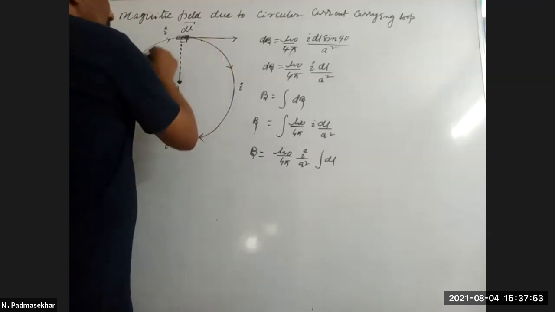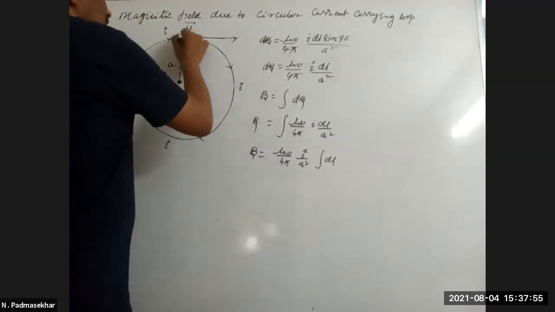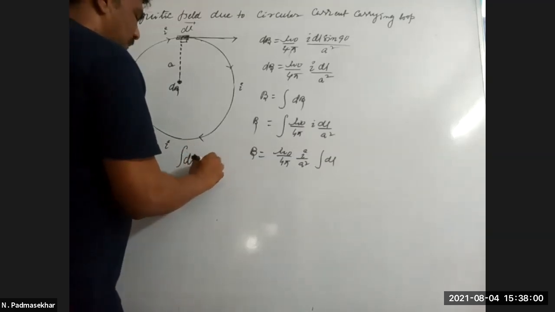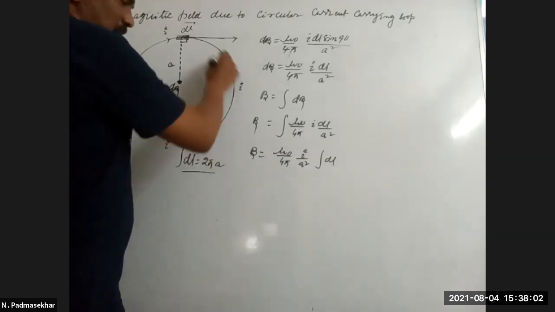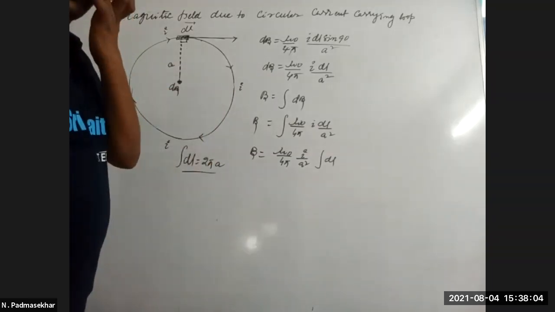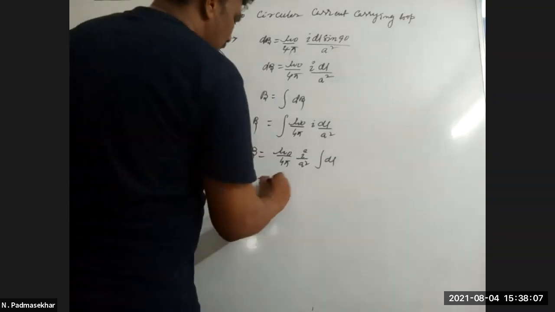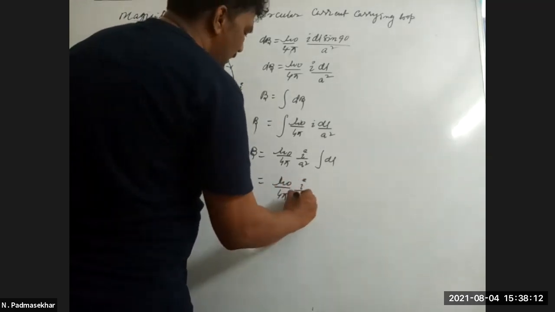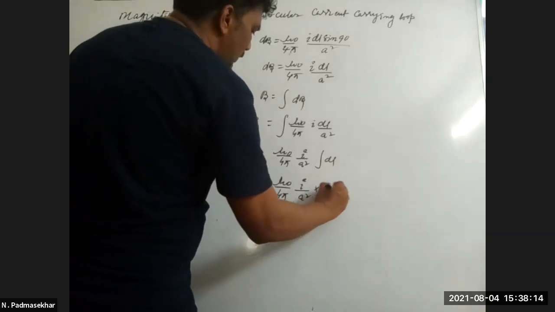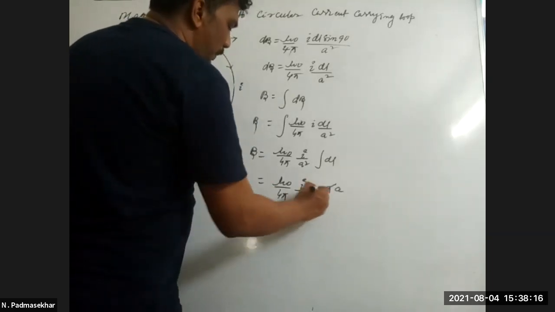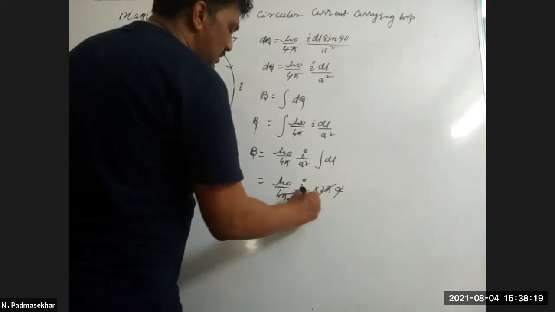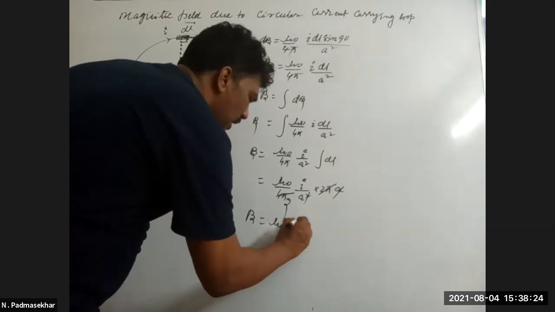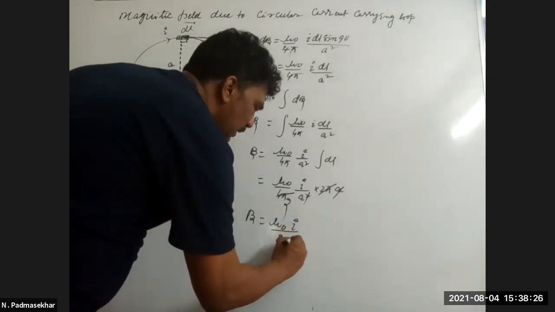Integral dl is nothing but the total length of this circle, 2 pi a. So B is equal to mu naught by 4 pi I by a square into 2 pi a. The 2 pi, 2 times cancelled. So B is equal to mu naught I by 2a.